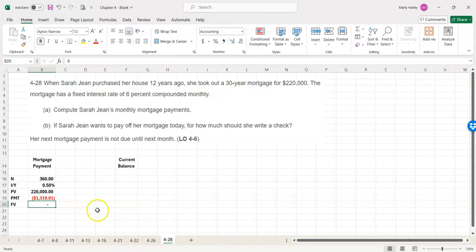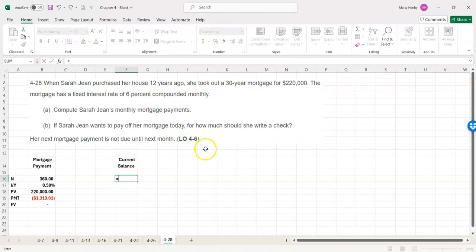So now to calculate her balance, the first thing we need is the number of payments remaining. So this is a key number: payments remaining. The biggest mistake I see on these problems is the students will use the 12 years.